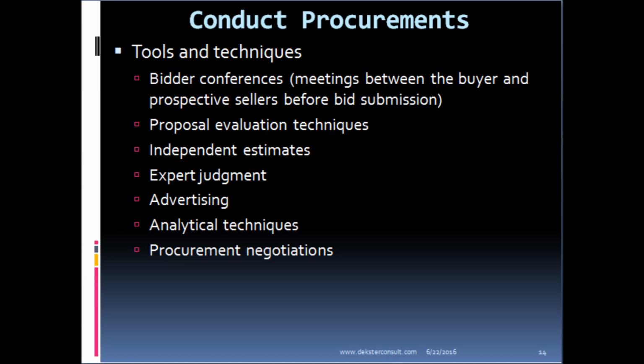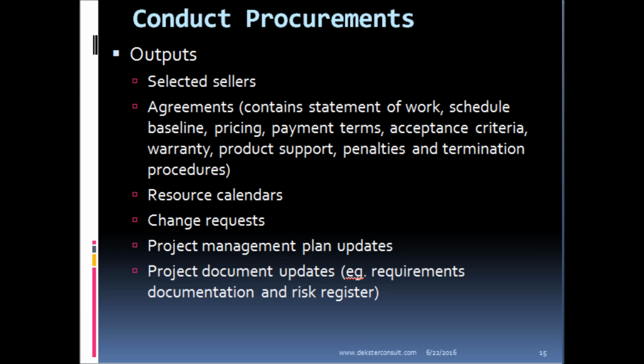We could depend on independent estimates to be able to judge the price being quoted by potential sellers. We could involve experts. Now we'll make use of advertising to get seller responses to our procurement demands. There are various analytical techniques that could be employed. And finally, procurement negotiations are key to select a seller and arrive at a good price for both parties.